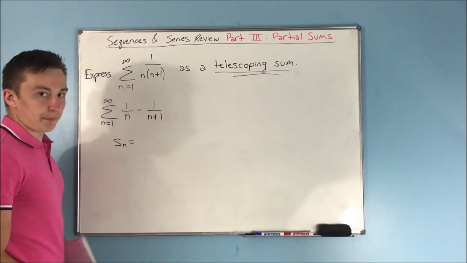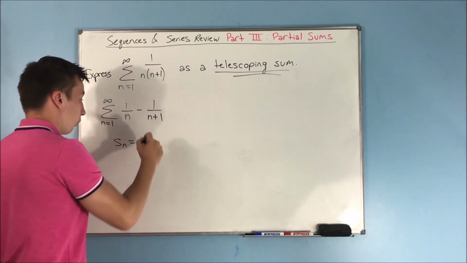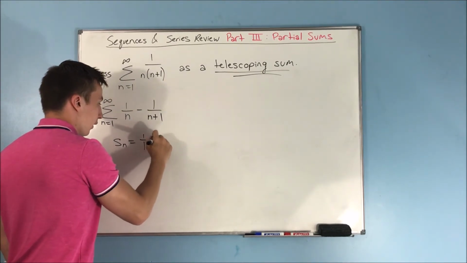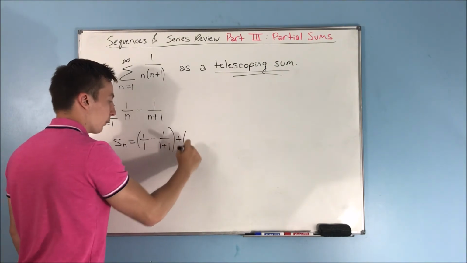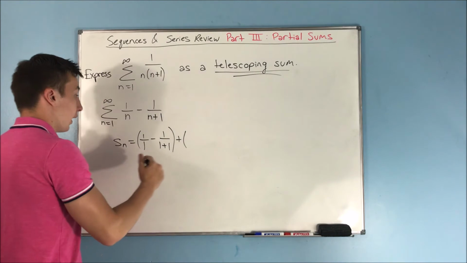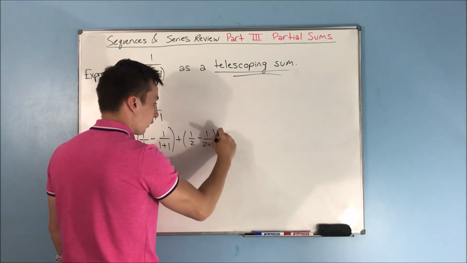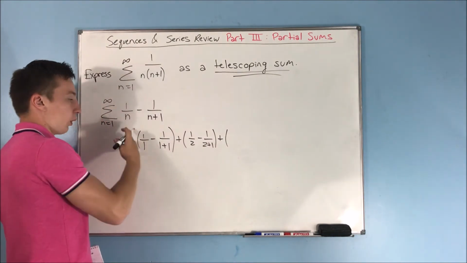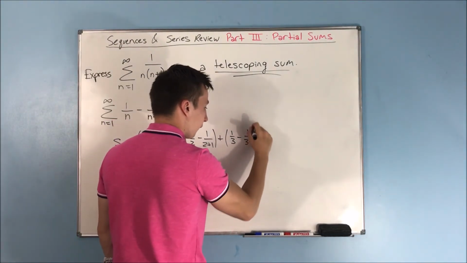Well, let's start off. Our first term is n equals 1. So we get a 1 over 1 minus a 1 over 1 plus 1. Our second term, plug in 2 for n. We get a 1/2 minus a 1 over 2 plus 1. Third term, we get a 1 over 3 minus a 1 over 3 plus 1.